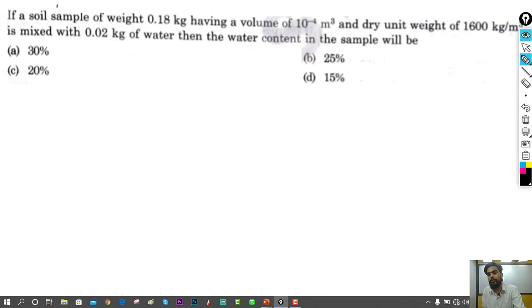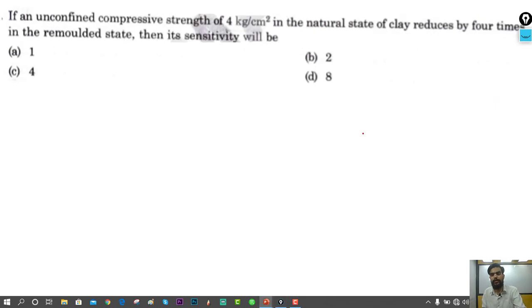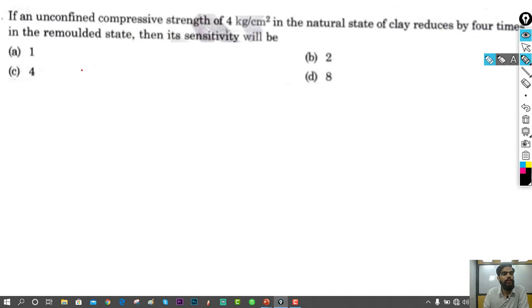Okay, so now move to another question. Guys, in this question, it is given that the unconfined compressive strength is 4 kg per centimeter square in the natural state of clay, and it reduces by 4 times in the remolded state. Then find its sensitivity.